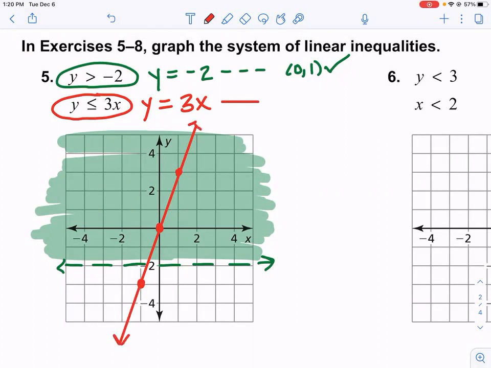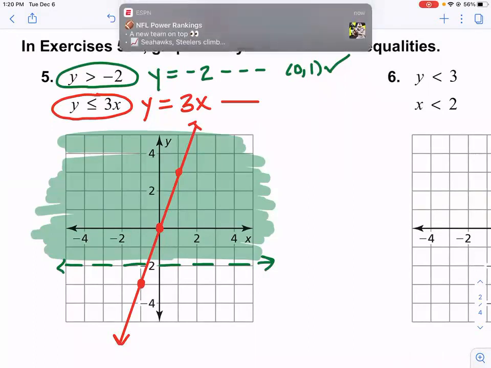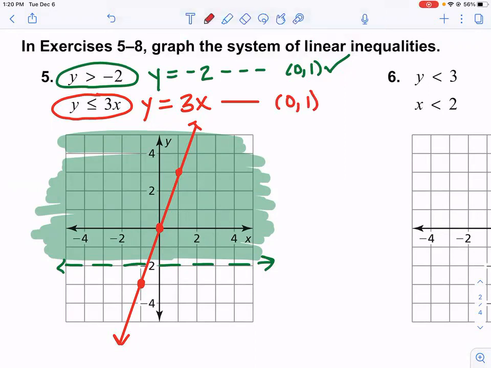Those of you who really like to pick 0, 0 as your test point, we cannot do that in this case. Why not? Because the y-intercept is 0, which means 0, 0 is on the line. We cannot choose that. So Preston, different point, not 0, 0. 0, 1. Okay. If we test 0, 1, we plug 0 in for x and 1 in for y.